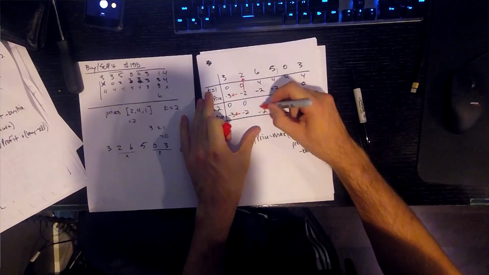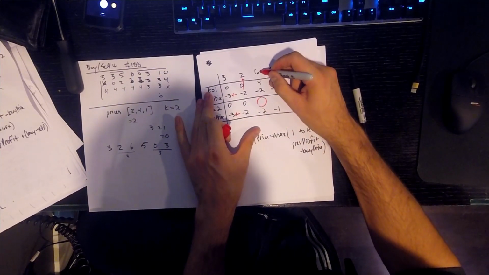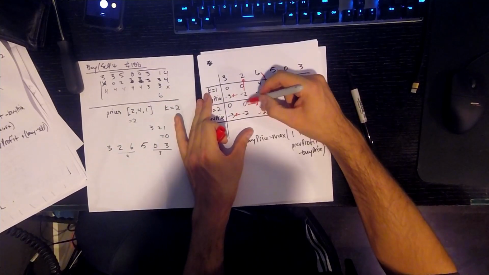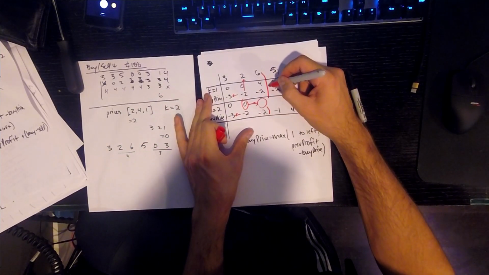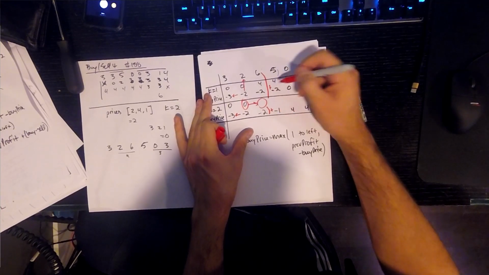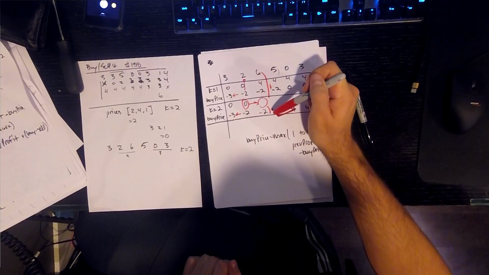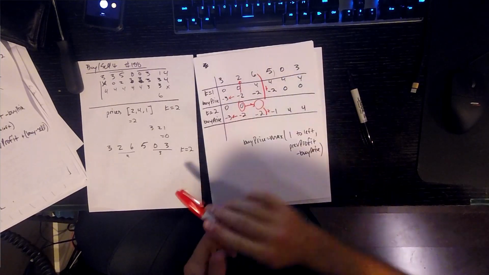So I'll draw that. We're trying to see what's greater, this value right here, or this plus this. Why this plus this? It's the current price. This is our current floor, what we've bought at.